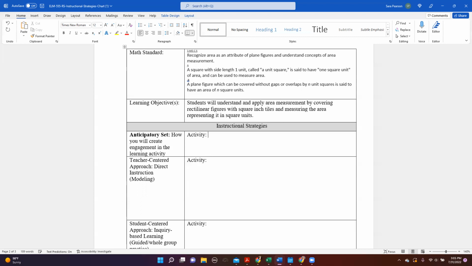So here, often I like to ask questions. So maybe I'll ask students, have you ever had to get tile or carpet in your home? How did they determine how much to buy? So it could be as simple as this. I'm seeing if they know something about that, but then maybe they don't feel excited about it.